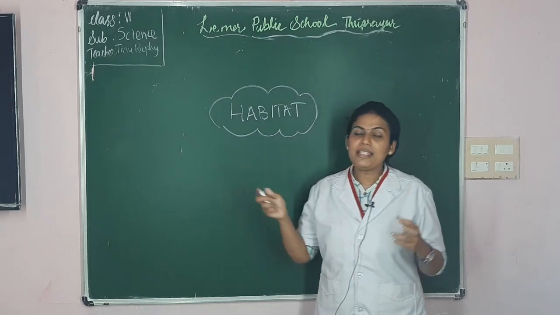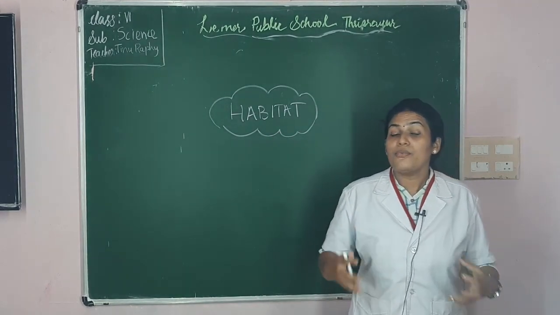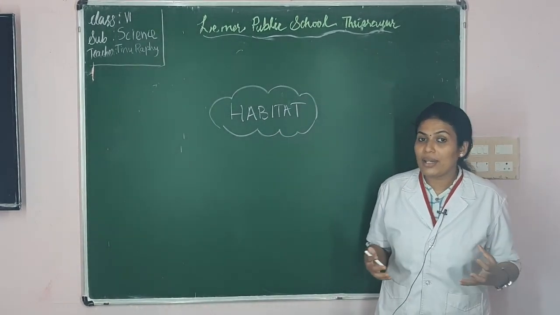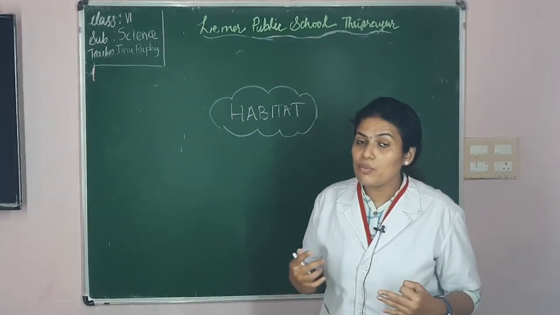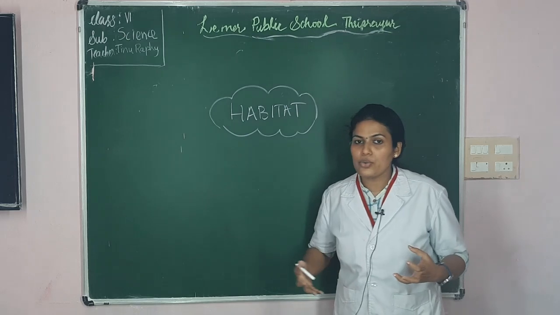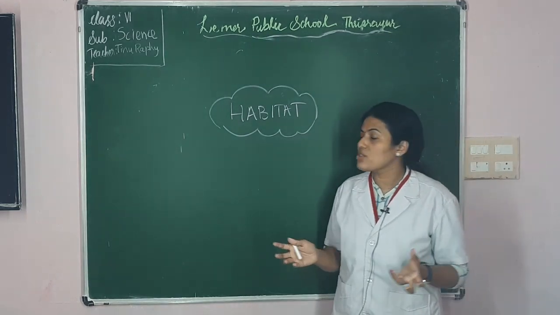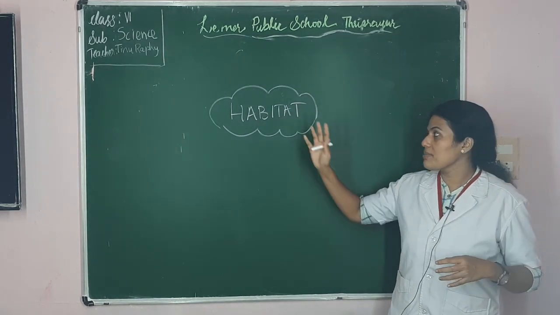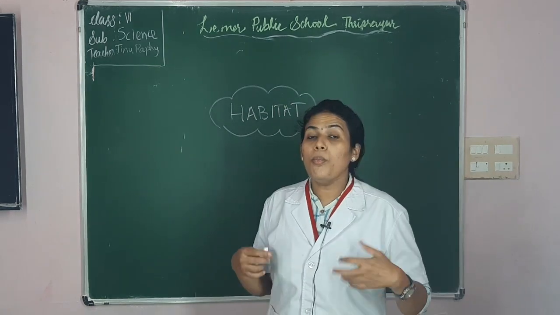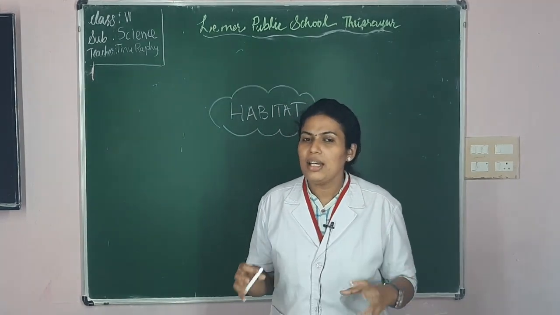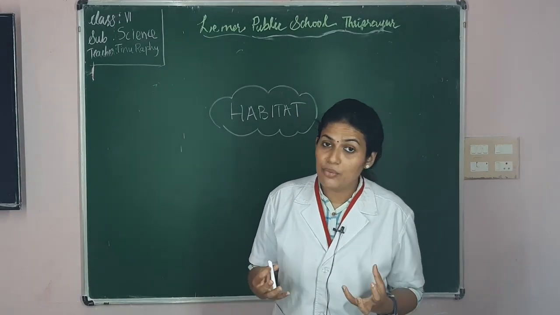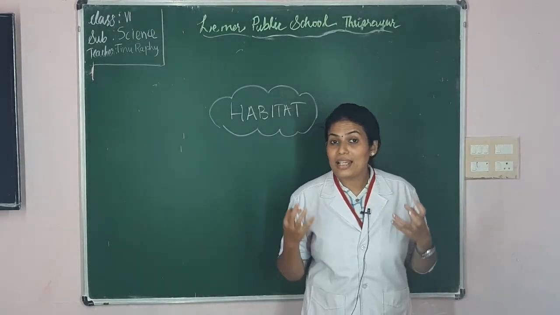So this habitat is the surrounding from which the living organism gets food, water, air, and the place where they reproduce. Both plants, animals, all the living organisms have this habitat, the area where the living organism lives.